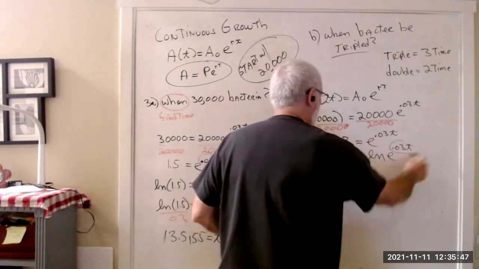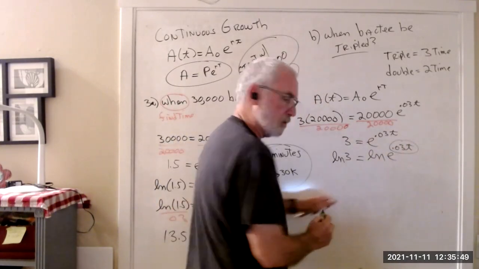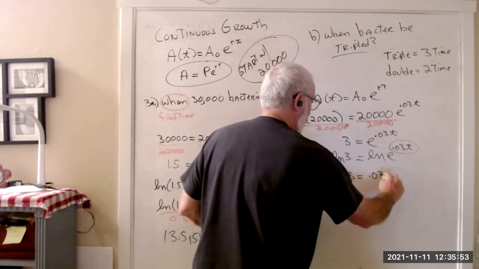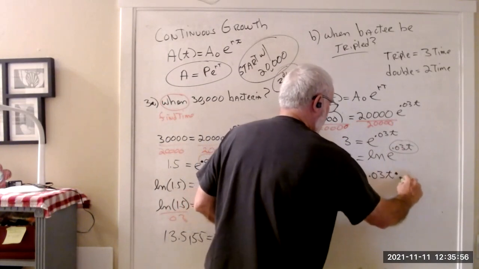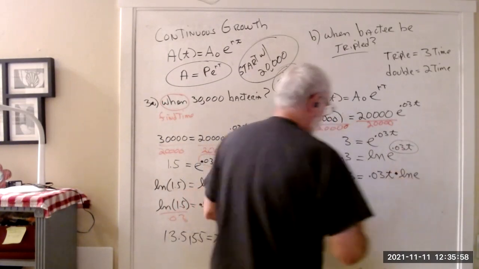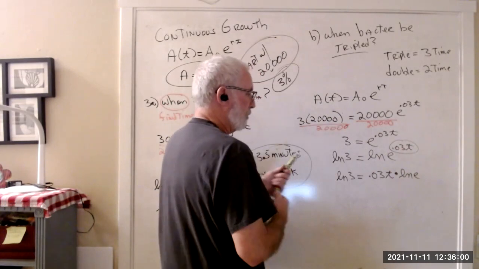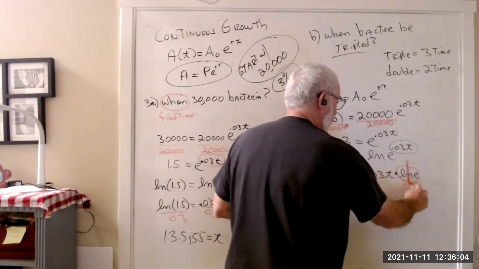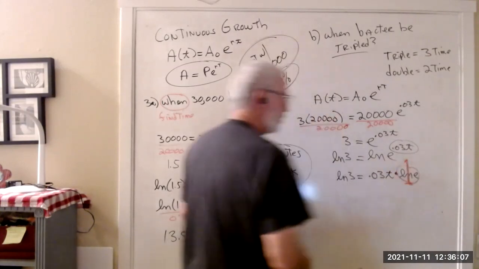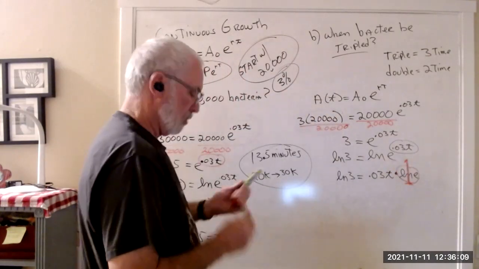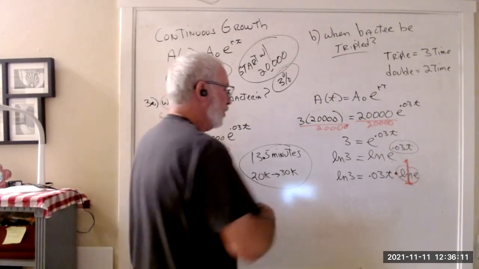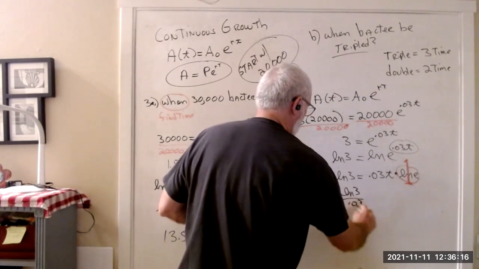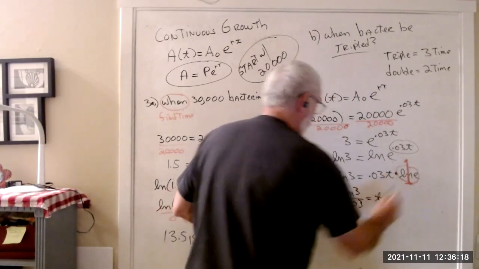Bring the power down. So the ln of 3 equals 0.03 t times the ln of e. But the ln of e is just a big fat 1.